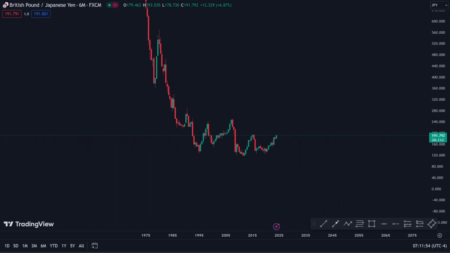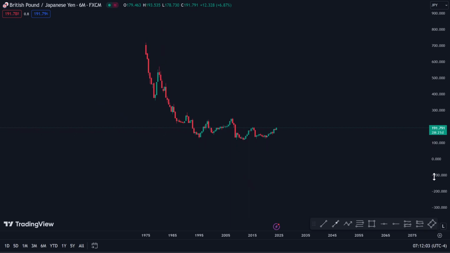So right now we have our 6-month pound yen chart, and we're going to start by first of all getting to understand what buy side and sell side liquidity means.